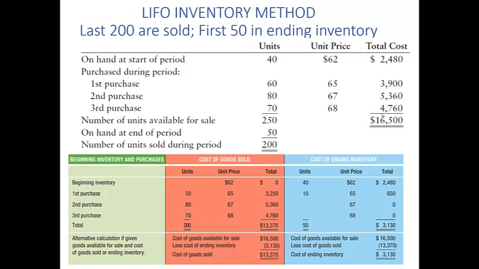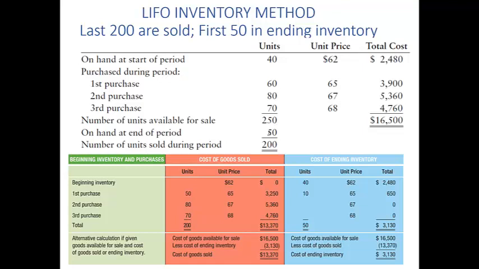Okay, so last in, first out. So that means that the 200 sold were the last 200 that I purchased, and that the 50 that I have in ending inventory are the first 50 that I purchased. So once again, let's work with the ending inventory because it is the lowest of the two numbers.